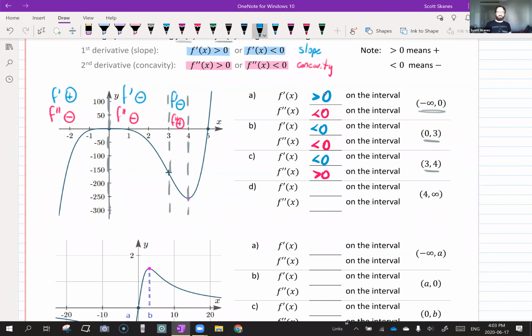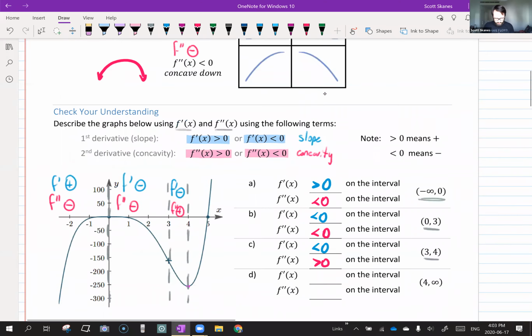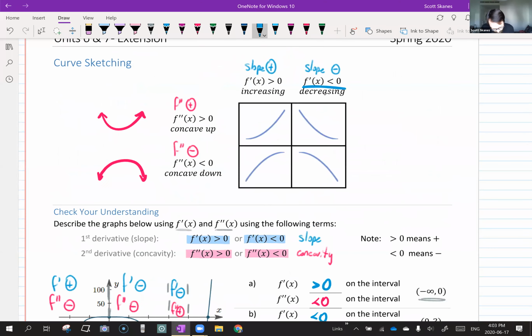The first derivative, negative. They all mean the same thing. So once again, slope negative, concave positive. What is that supposed to look like? It should look like this, which it does. That's exactly what it looked like. So we can compare these things, and you can see, hopefully, that I'm not lying to you. This is how it works.